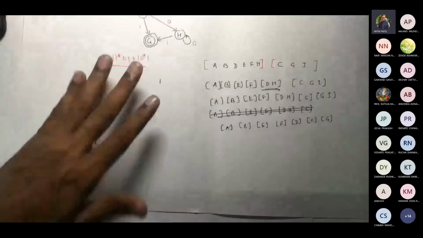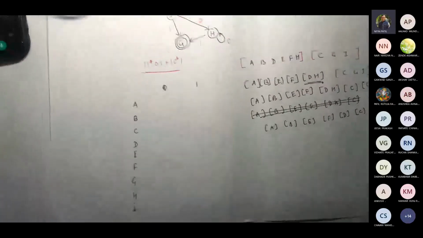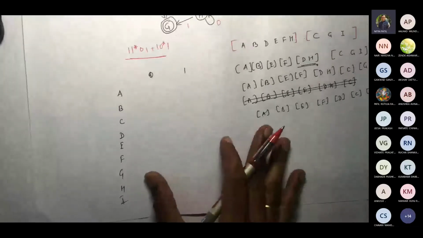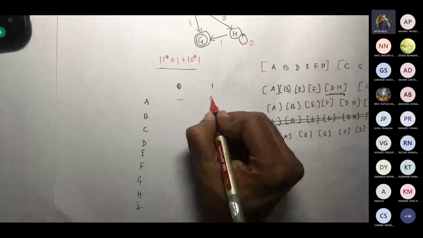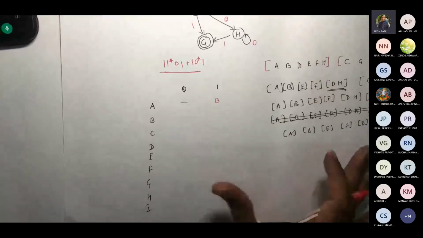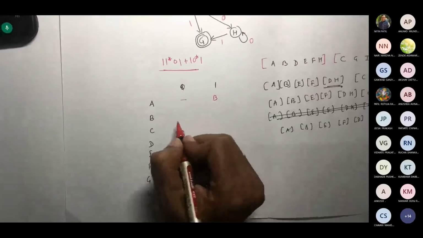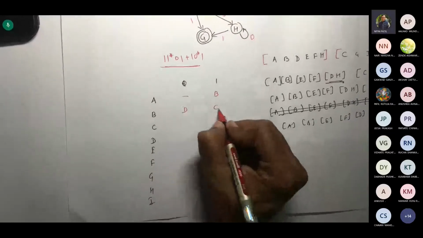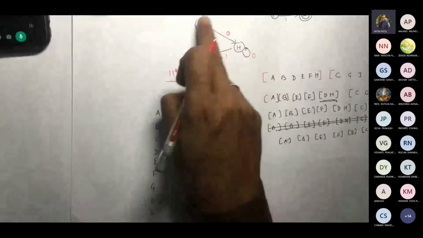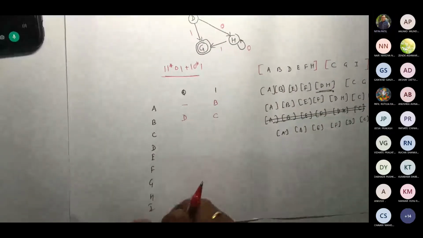See the diagram on WhatsApp because I may not be able to show you the diagram and table together. What would be A? For 0, dash, for 1, B, correct? For B, 0 goes to D, and 1 goes to C. That is the reason why we are separating B, correct?